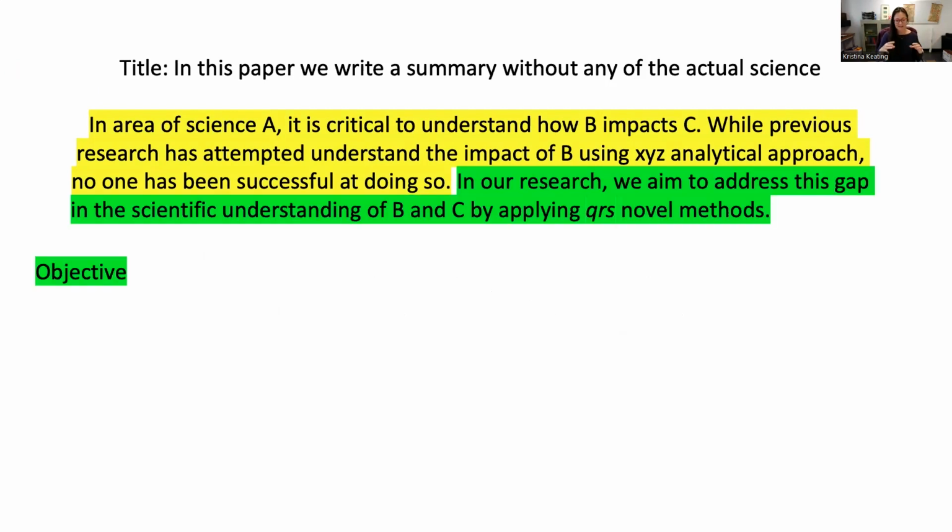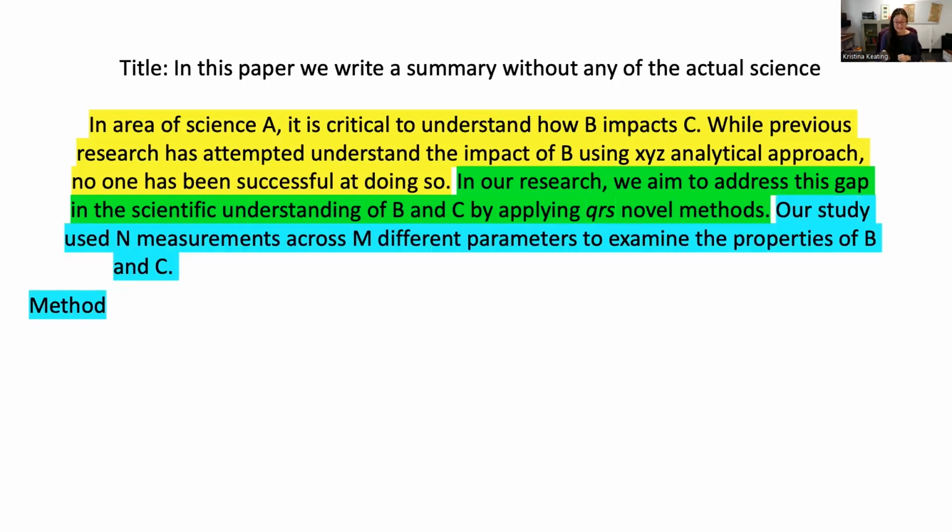We then go to the next thing. In our research, we aim to address this gap in the scientific understanding of B and C by applying QRS novel methods. This is the objective of our research. Our objective is to address the gap in the scientific understanding of B and C, right? We are stating what the objective is here in one sentence.